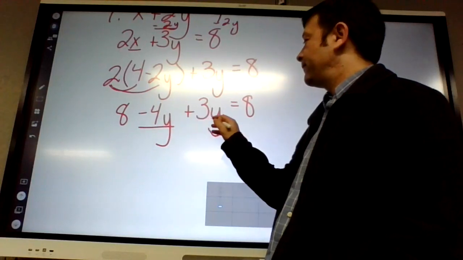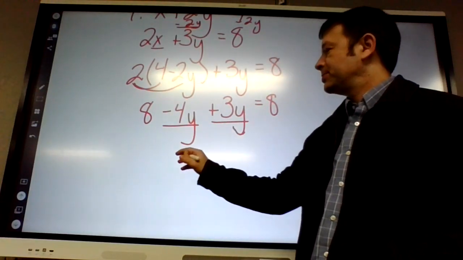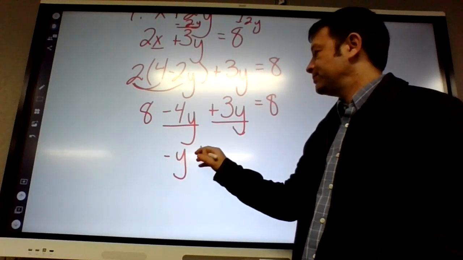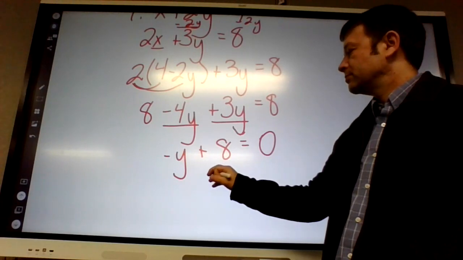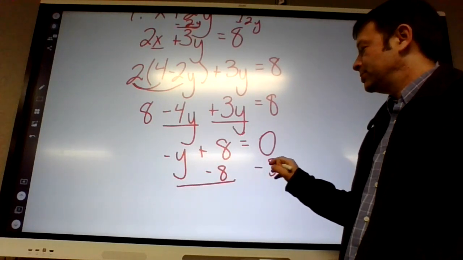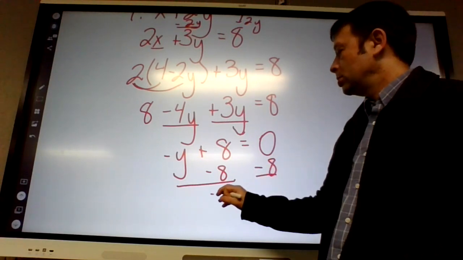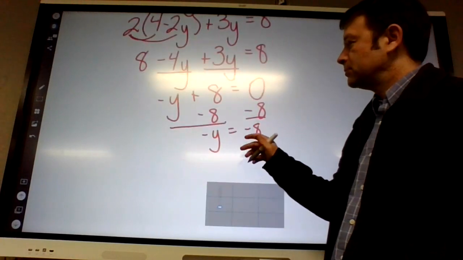So negative 4y plus 3y is negative y. Is it no solution? No, 0. No, it's not 0.